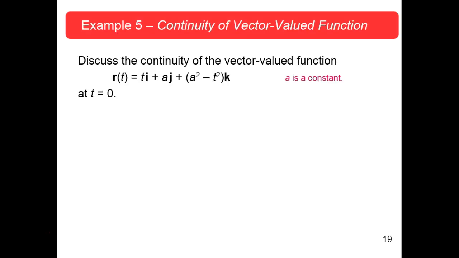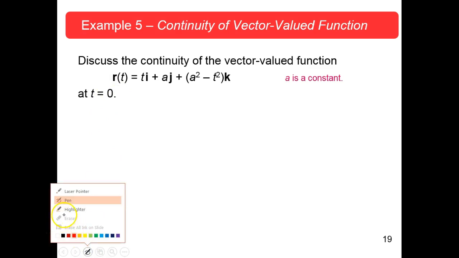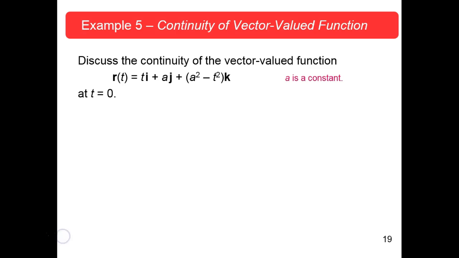Okay. Here's example 5. Discuss the continuity of the vector value function r of t equals t i plus a j plus a squared minus t squared k, where a is just some arbitrary constant, at t equals 0.